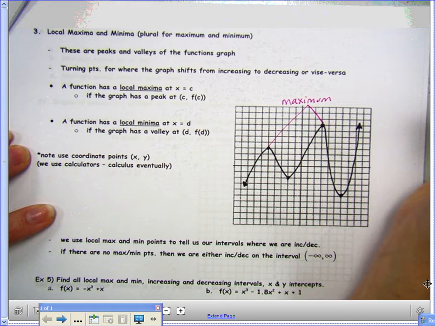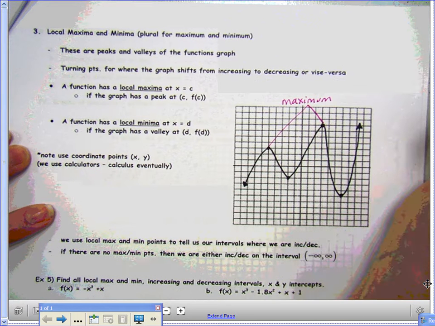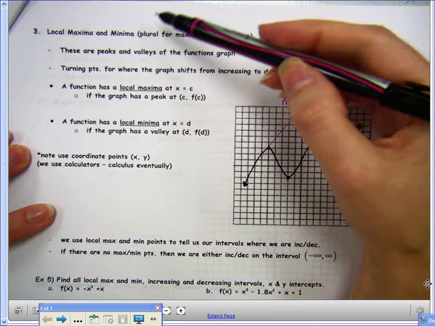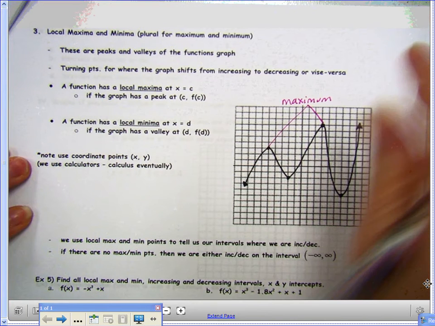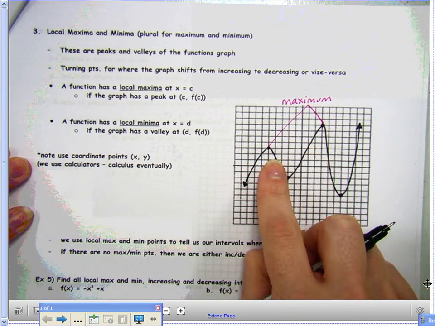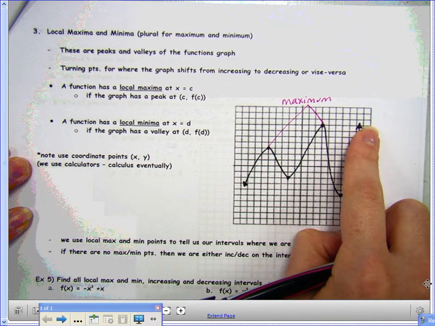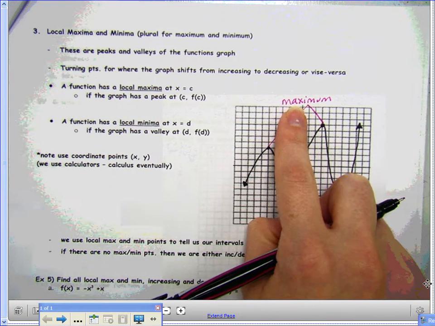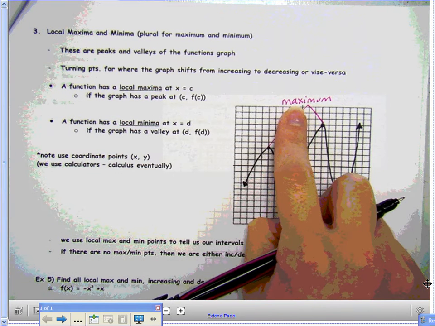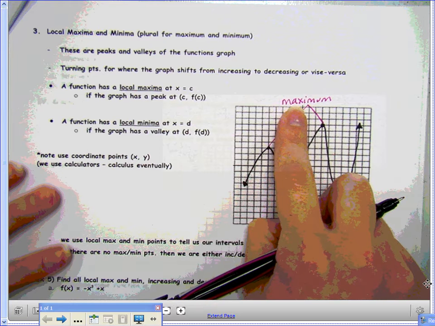And maxima and minima are just the plural of maximum and minimum points. So are these the actual highest points on my graph? No, because my graph's going to infinity. So we don't actually call these absolute maximum, we call them relative maximum, or sometimes people use local maximum or minimum.